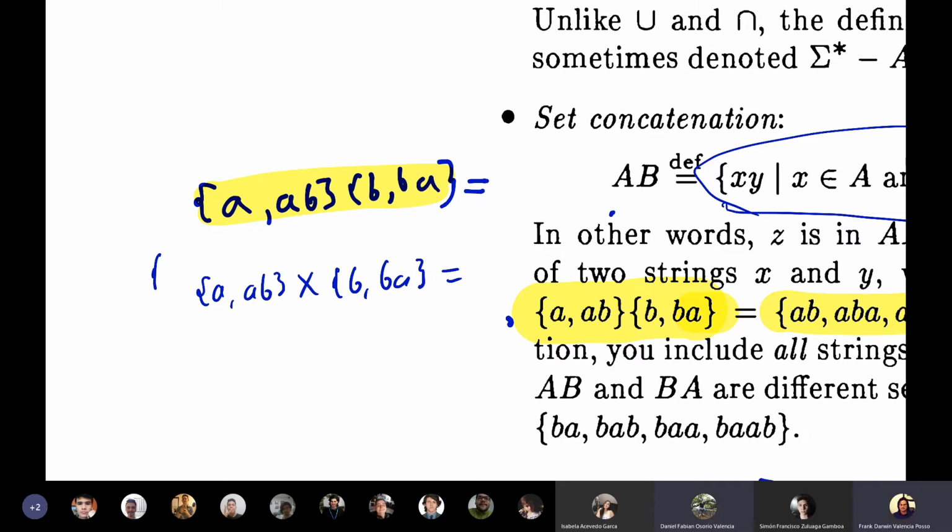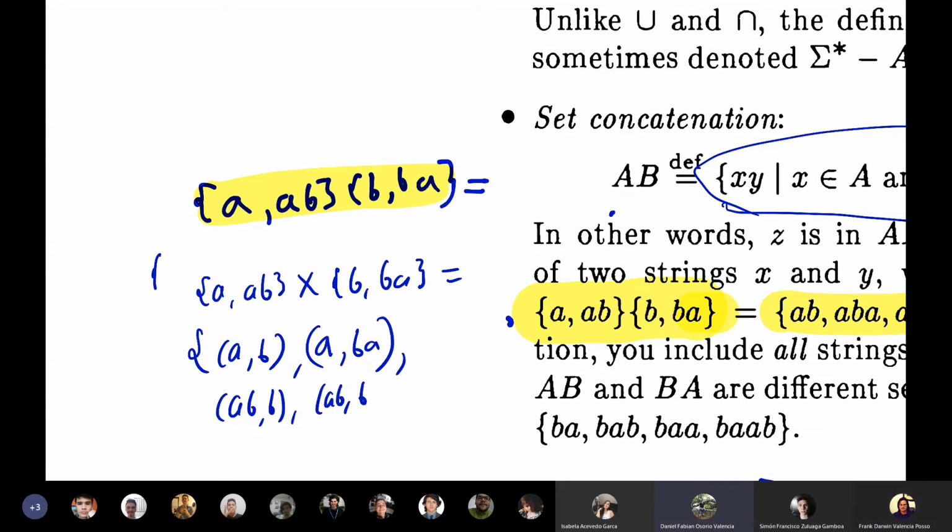The first pair will be A, B. Another pair will be A, BA. Oh, sorry, I made a mistake. Then AB, B, and then AB, BA.